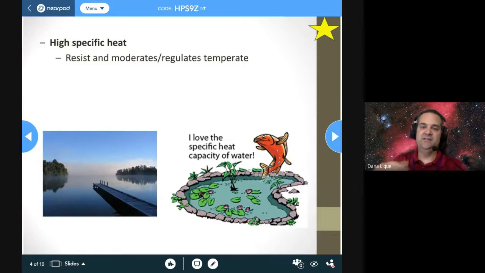Now, if it's 70 degrees for a long period of time, it'll slowly work its way down, but it's not going to change that quickly. And this is also the reason islands tend to have a more stable temperature, because they're surrounded by that stable temperature of the water. So it helps the entire island temperature stay stable as well.